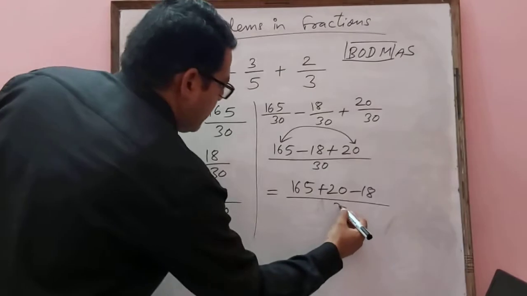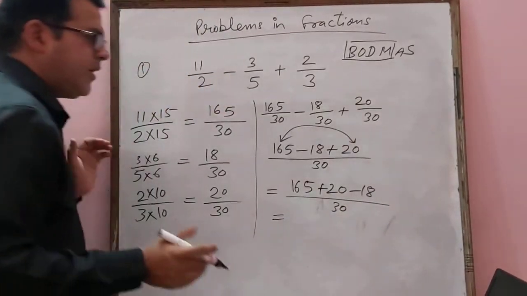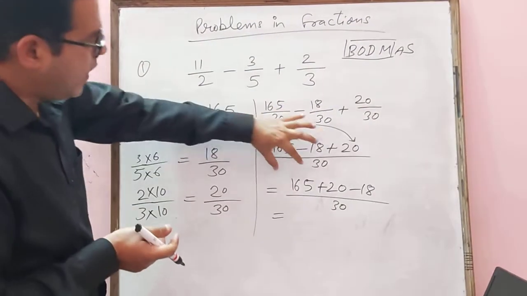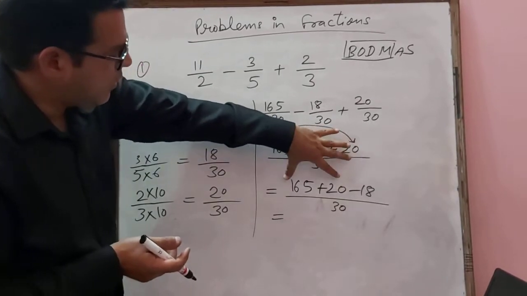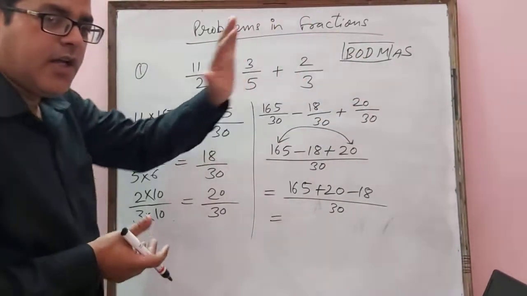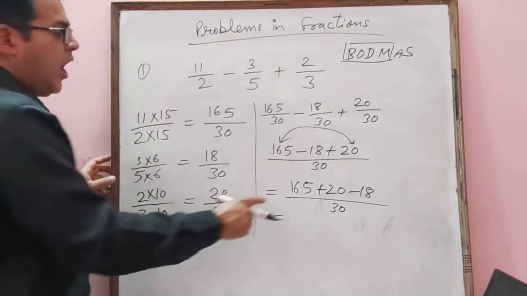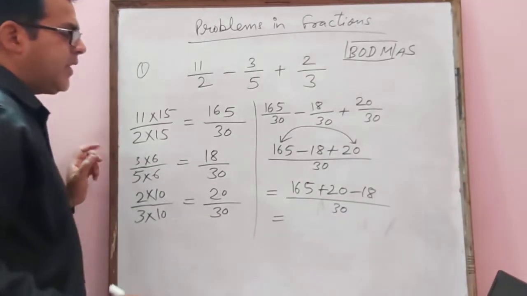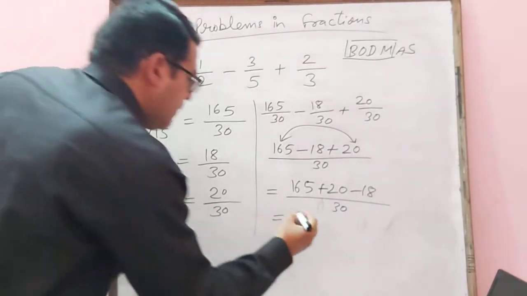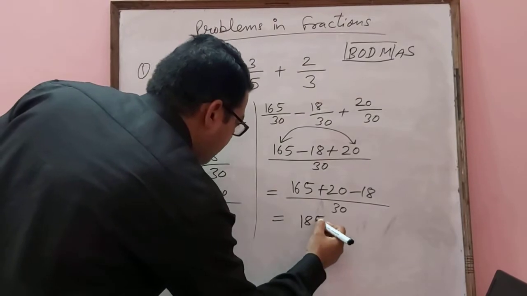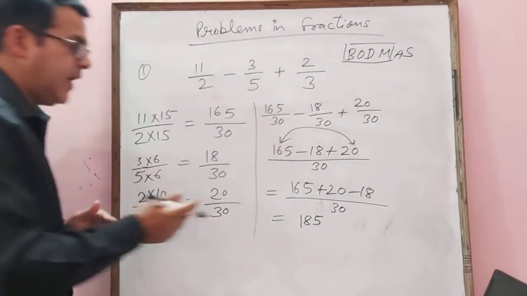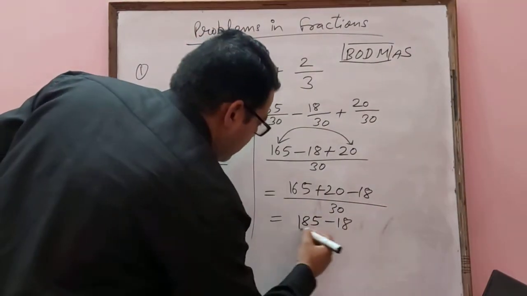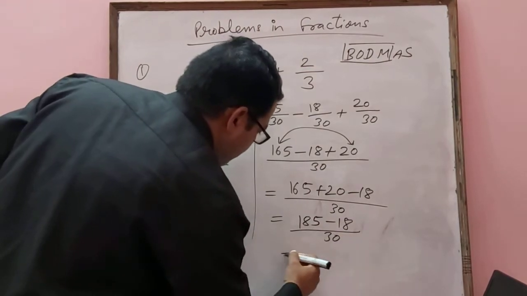165 and 20 together. That's why I am writing both the terms together. 165 plus 20 I have written together, then minus 18 I have written after that. Now 165 plus 20, what will come? 185 after adding. Then minus 18 upon 30 we can write.